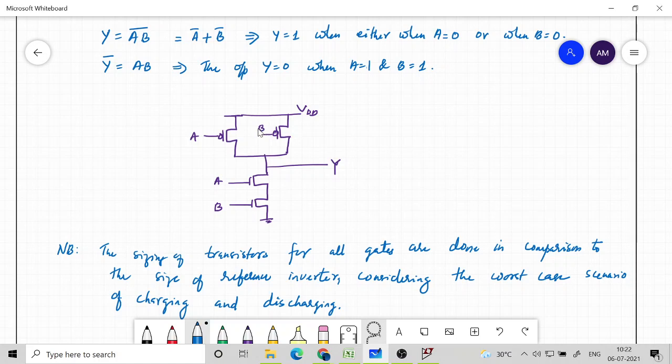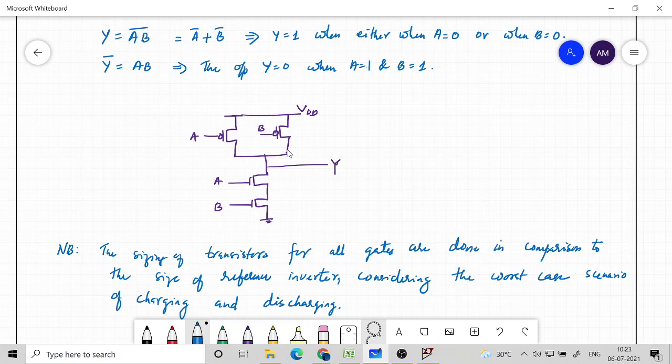For example, here I said there are 3 ways in which output can become 1: either A or B is 0, or both of them are 0. So which is the worst case scenario? The worst case is where there is maximum resistance in the charging path. If both are turned on, we have a better case.